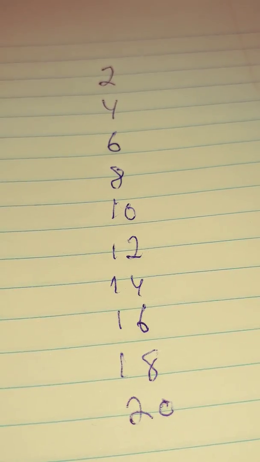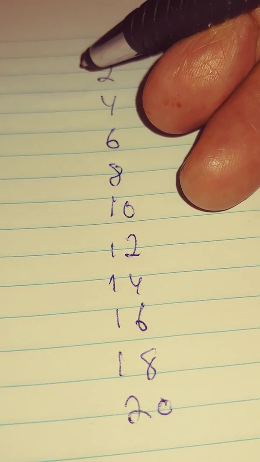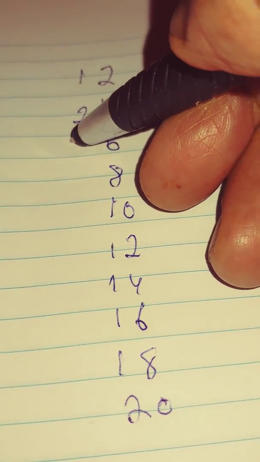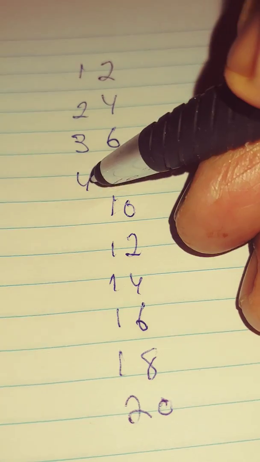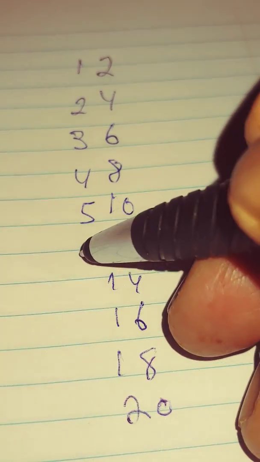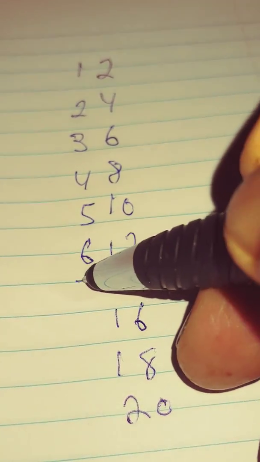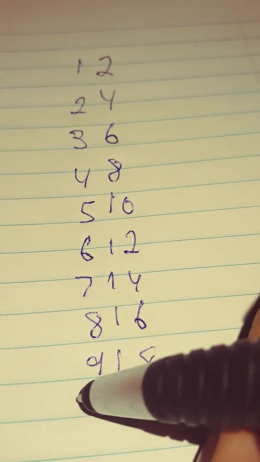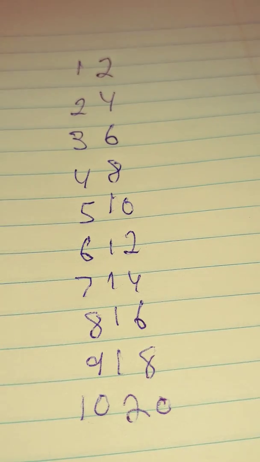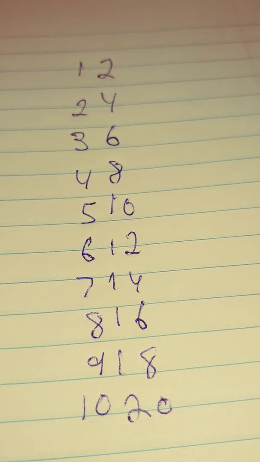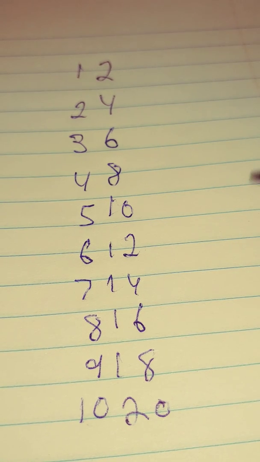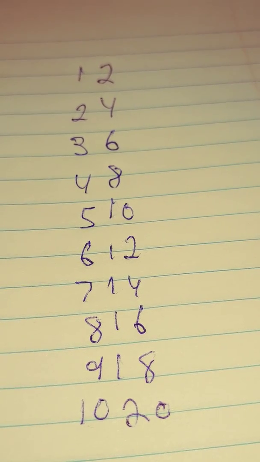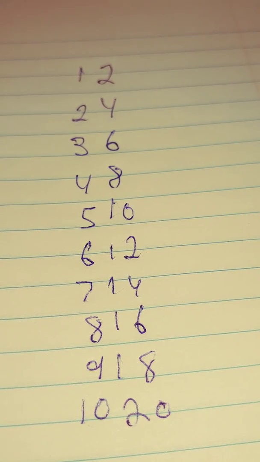Then what you do is you just go 1, 2, 3, 4, 5, 6, 7, 8, 9, and 10. Okay, so now you start to see how the numbers relate to each other, so you can have a way of memorizing or at least visualizing the numbers when you ask for the answers.